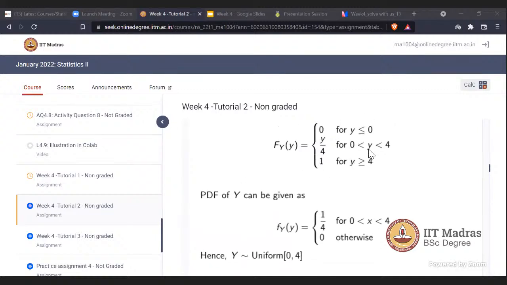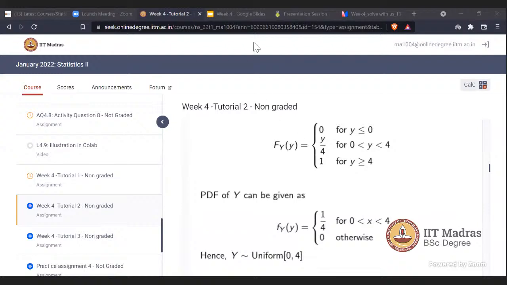For y lying between 0 to 4, it is y upon 4, so if you differentiate, you will get 1 upon 4. For y less than or equal to 0, it is already 0, so differentiating gives 0 again. For y greater than 4, it will also be 0 because it is a constant. So we write otherwise it is 0.